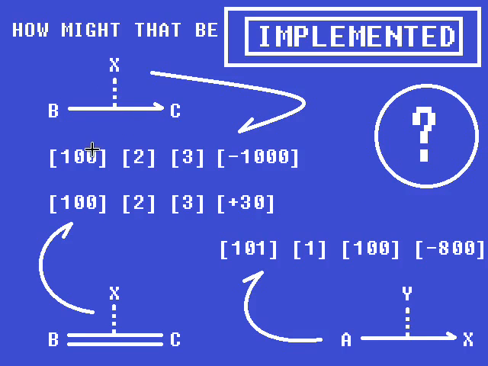The first one, for instance this number 100 that you're seeing, is the superatom, that is X. X is 100. 100 is consisting out of a left subatom, that is B, alright, 2 is B, a right subatom, that is here 3, C is 3, and an atom value, here minus 1000.